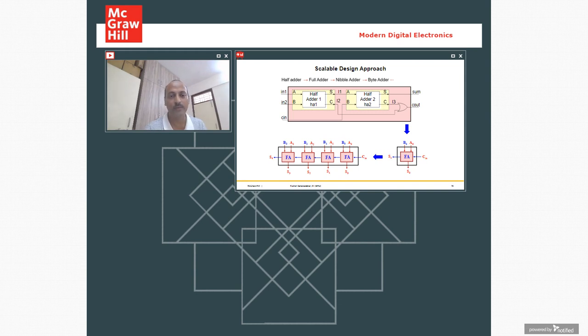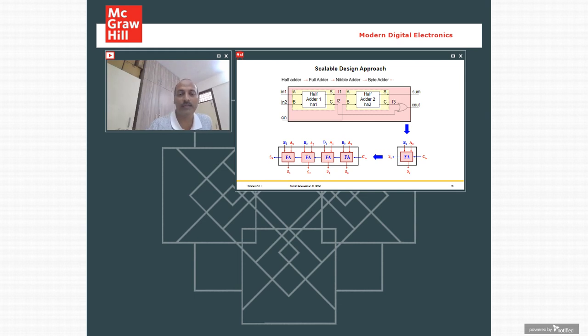Okay, so the first half adder is producing some output which is connected to the A input of the next half adder. The Cin input from the external world is directly connected to the B input of the second half adder, and carry may be produced by either the first half adder or the second half adder. So there is an ORing function.